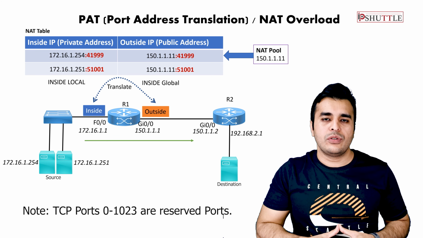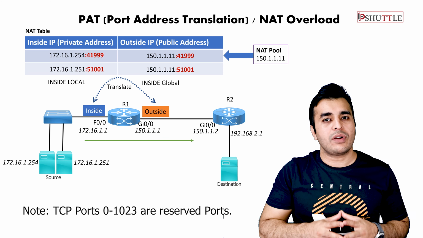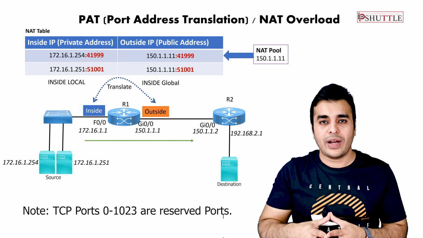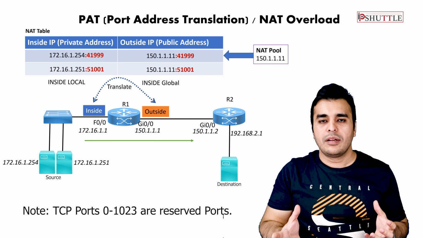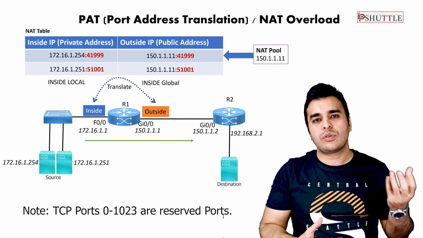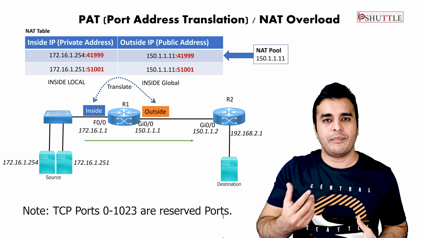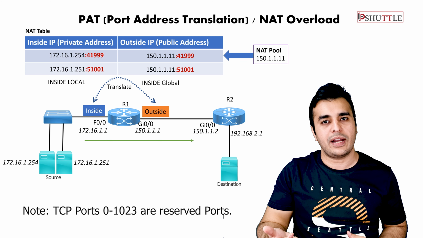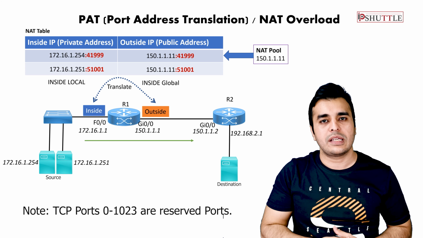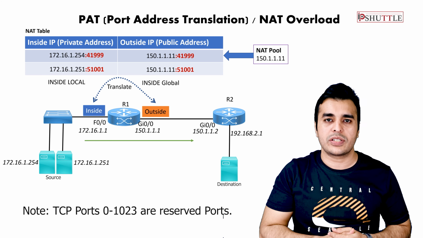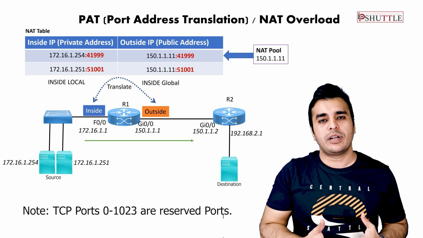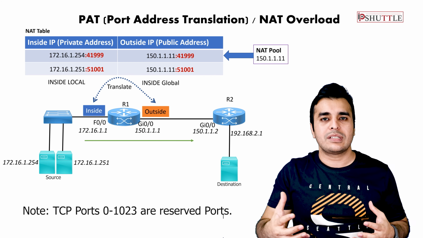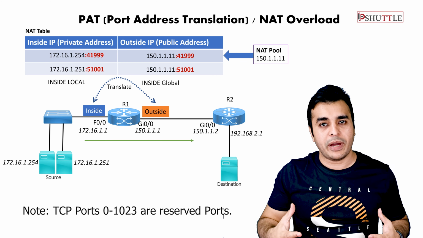There are two ways to use the PAT. One is you can translate to a pool of IP addresses similar to dynamic, but the difference from dynamic is that dynamic uses one-to-one mapping. Once you configure the overload term in front of that command, which we have already seen in the dynamic configuration, it will be able to convert it to a pool of IP addresses available for doing the PAT.